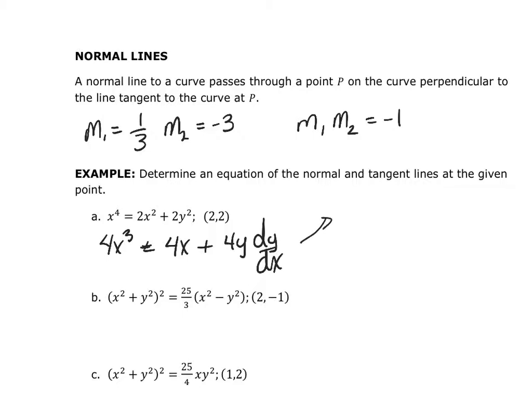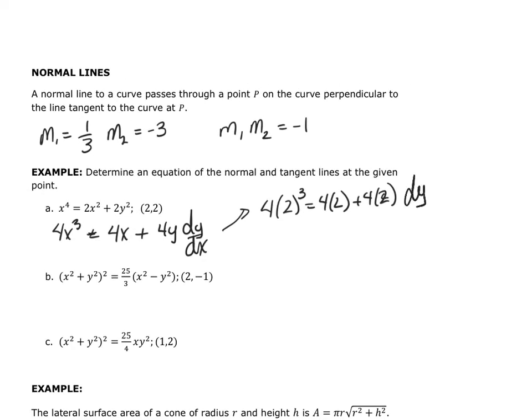So this is going to equal 4 times 2 cubed, because that's my x right here, and then equals 4 times 2 plus 4 times 2, that's my y, dy dx. So 2 cubed is 8, right? So 32 is equal to 8 plus 8 dy dx.